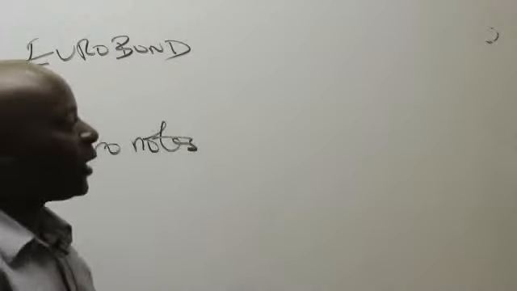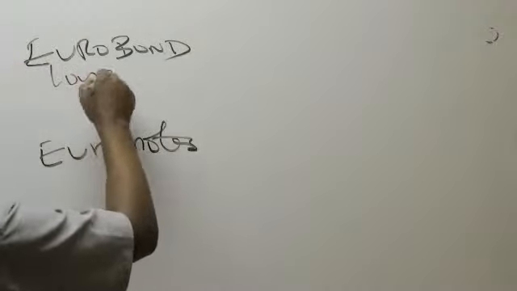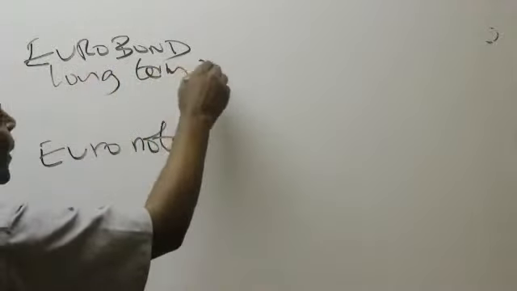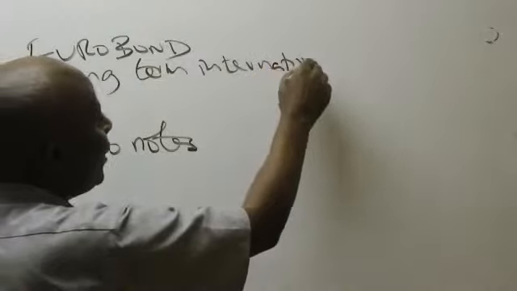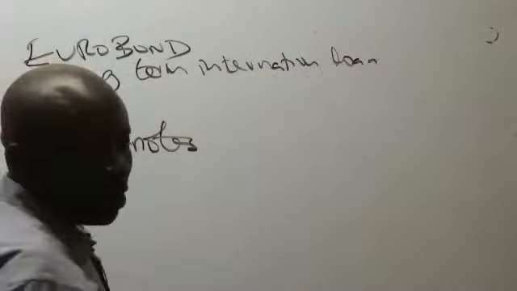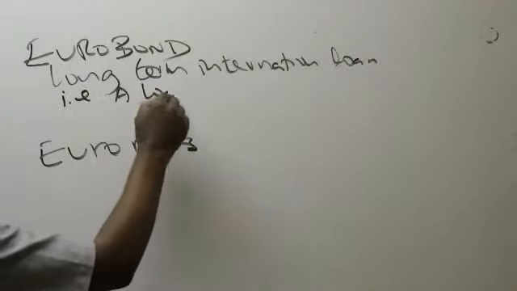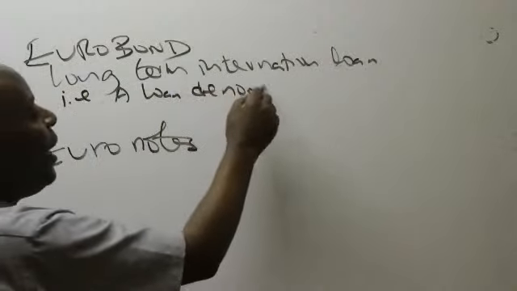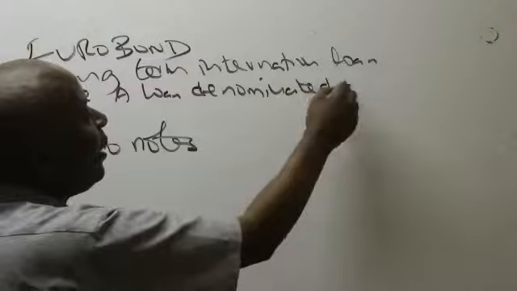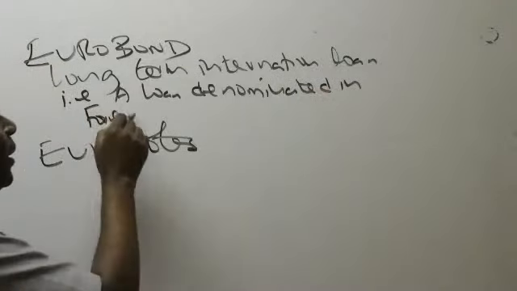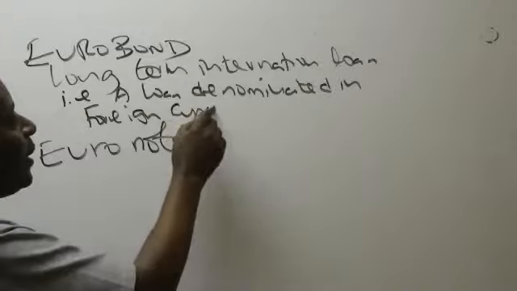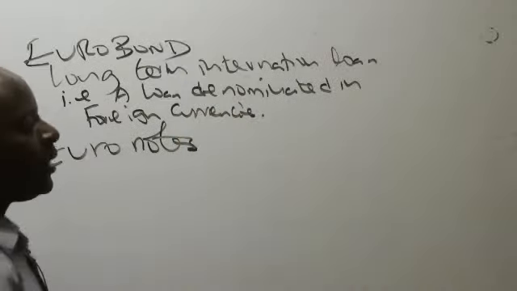Basically, a Eurobond is a long-term international loan, i.e. a loan denominated in foreign currency.